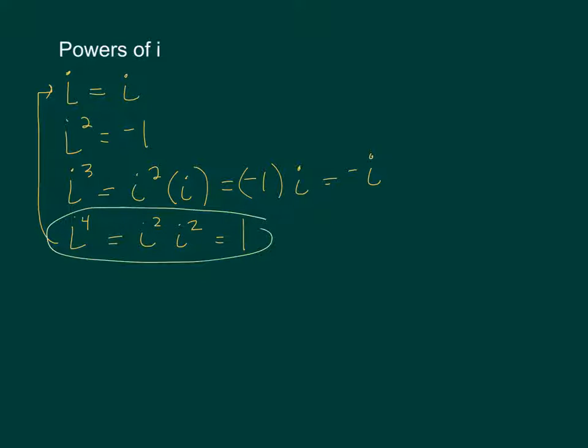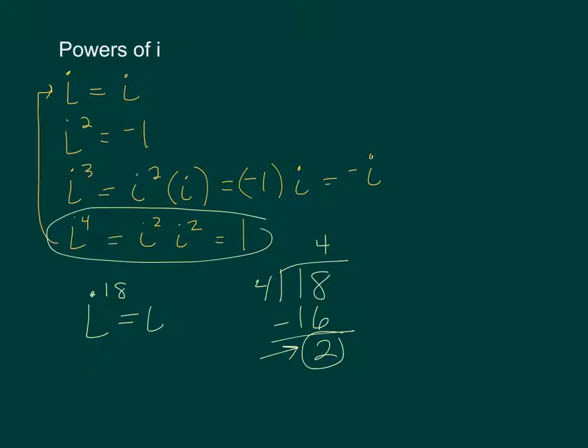For example, if I have i to the 18th, I want to take the number 18 and divide by 4. 4 times 4 will give me 16, and the remainder is 2. So this remainder tells me that this is equivalent to i squared, which we know to be -1.